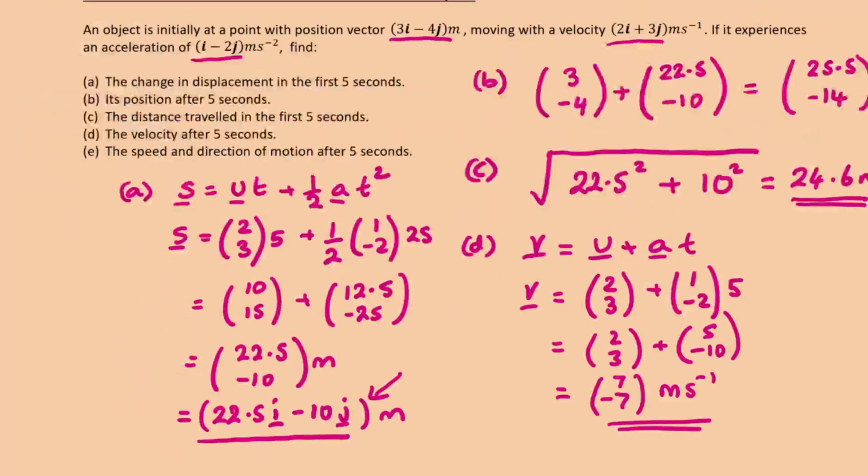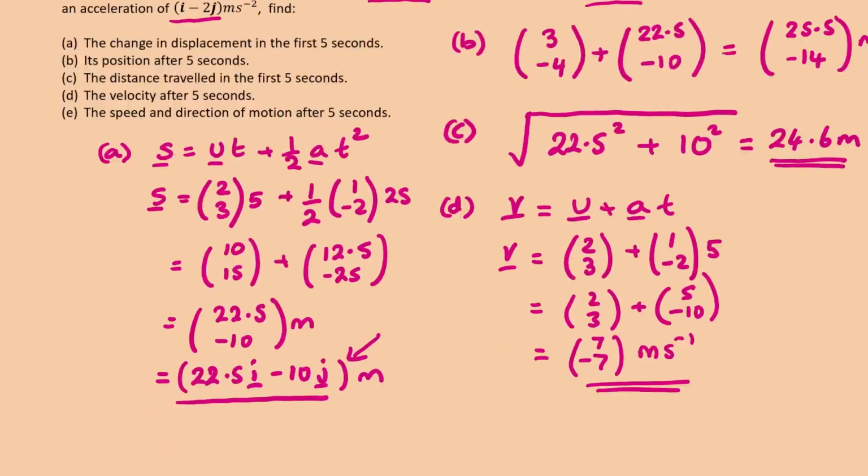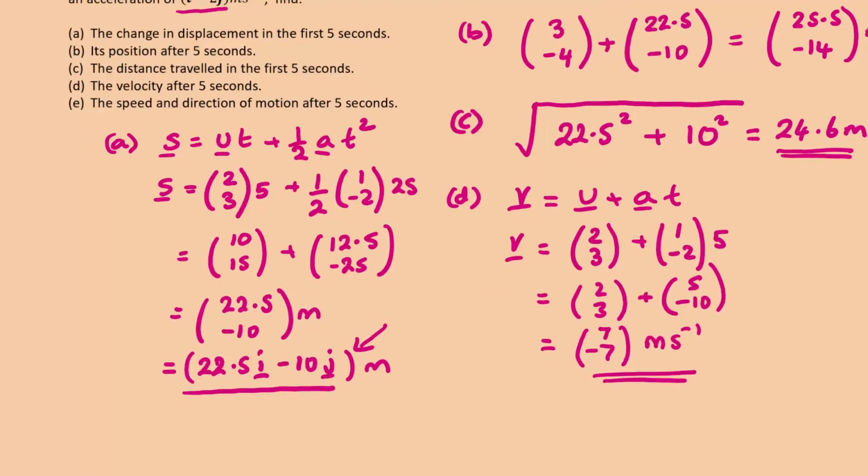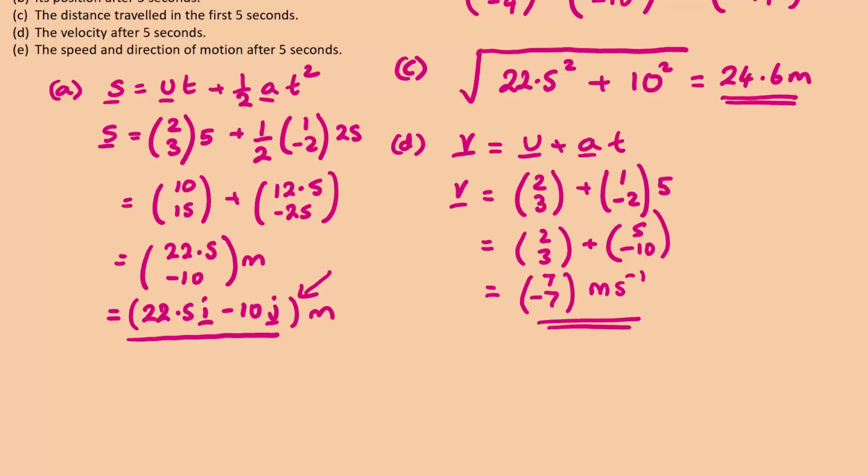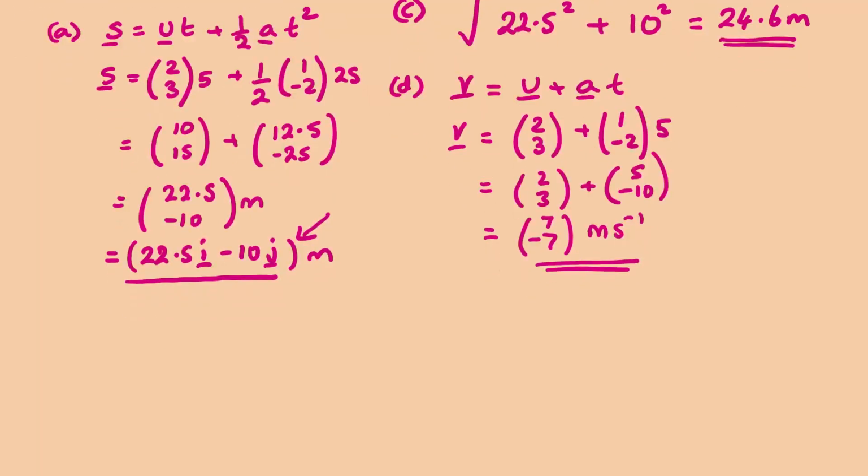So finally, we want the speed and direction after 5 seconds. So this tells us that we are going 7 across and 7 down.